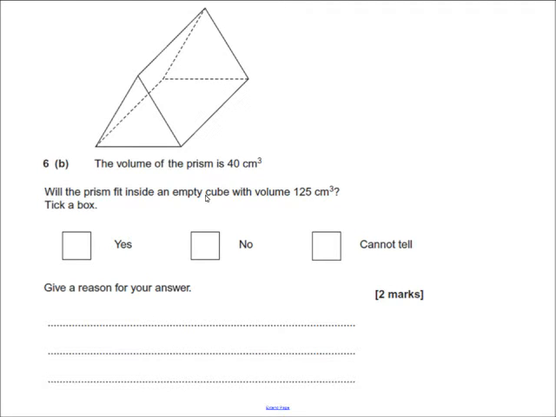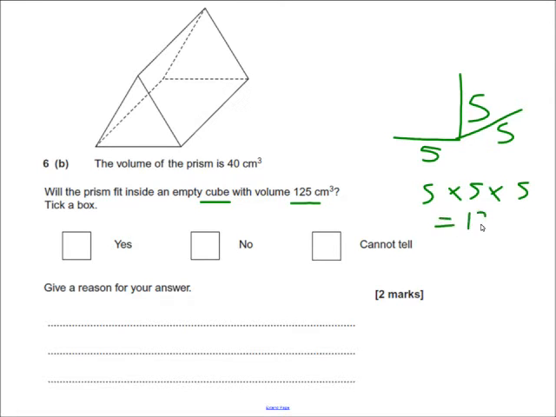Now a cube with this volume means that it must have sides, so a length, a height and a depth, all of 5, because 5 times 5 times 5 gives us our 125 centimeters cube for a cube, okay? And this should be a number that you recognize as a cube number. That's probably why they've given it to you. So the length of our cube has to be 5 centimeters.